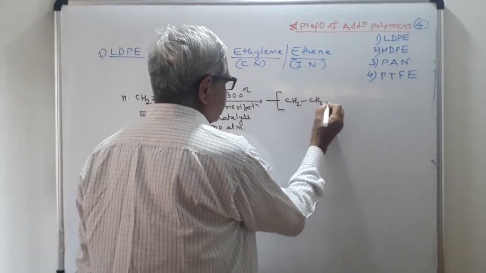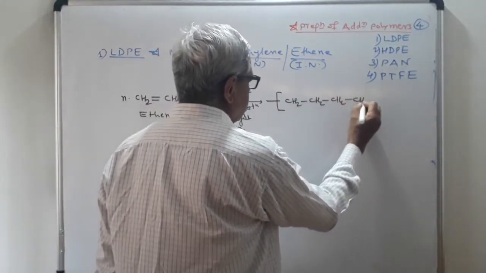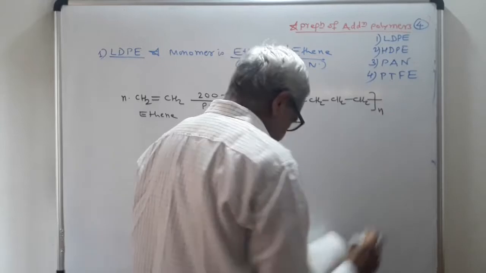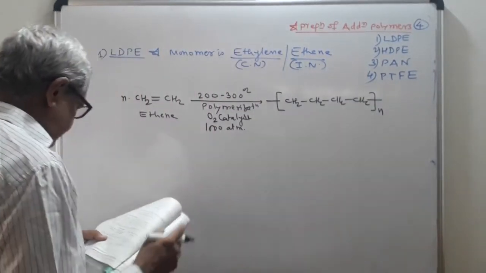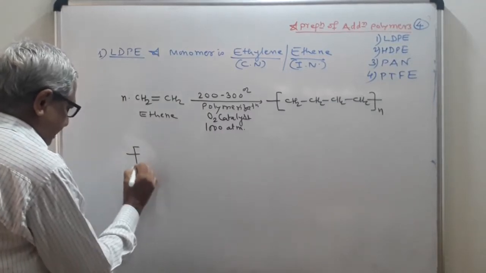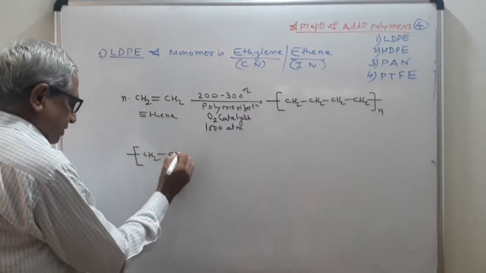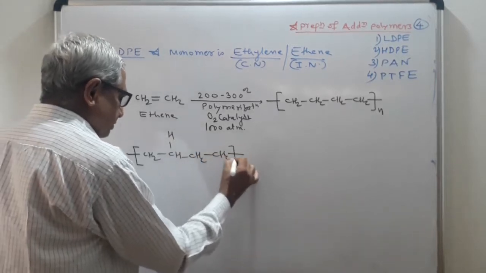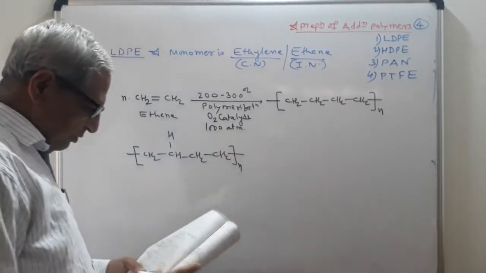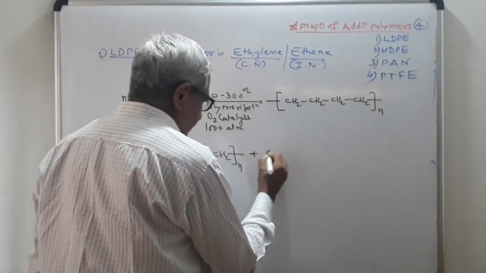CH2-CH2-CH2-CH2, shortly denoted as n. Then here branching will take place. It will react with the second free radical.